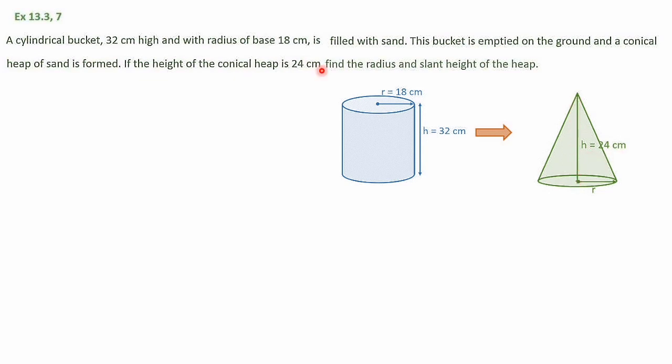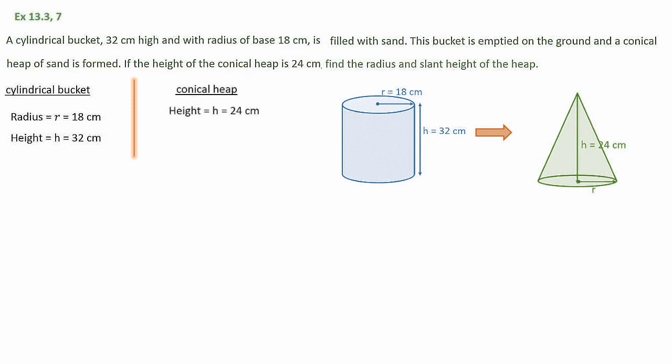We are asked to find the radius and the slant height. So radius we take as R and slant height as L. The dimensions: cylindrical bucket radius is 18, height is 32 cm, and for the conical heap, height is 24 cm. We don't know the radius and the slant height, so let them be R and L.